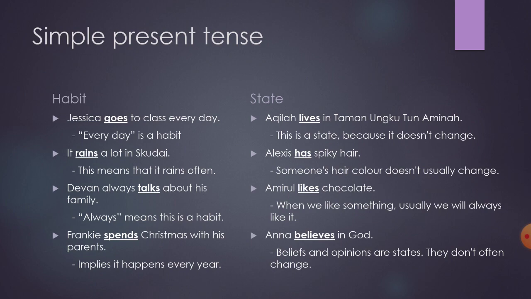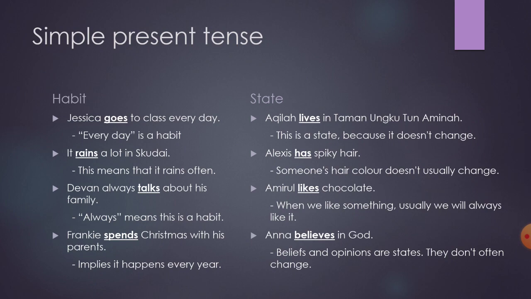For the state, Akila lives in Taman Ungku Tun Aminah. This is a state, which means it doesn't change very regularly. Usually we stay at a place from primary school to secondary school. Then the second state is Alexis of 4 Science A. He has spiky hair.